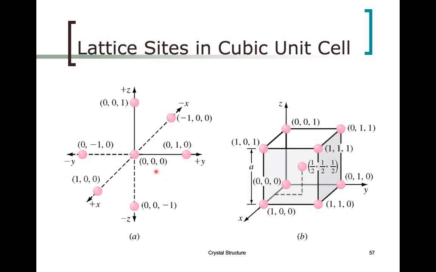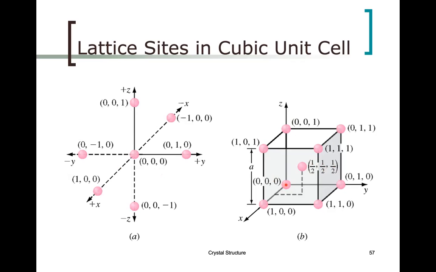Am I confused somewhere? So A is from here to here, from here to here. And this one has the fractions x, y, and z as 1/2, 1/2, 1/2. And for this one, x, y, and z would be 0, 0, 0.